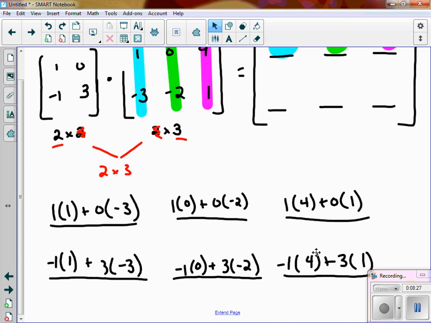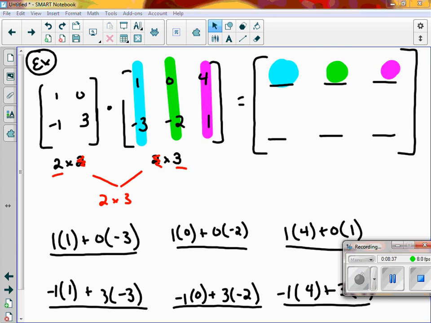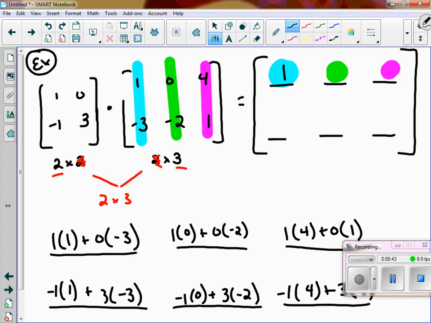Okay, so now I need to actually just simplify this and put it into my matrix. So 1 times 1 plus 0 times negative 3 is going to give me, in this top left entry element, 1. 1 times 0 gives me 0, plus 0 times negative 2 gives me that 0.